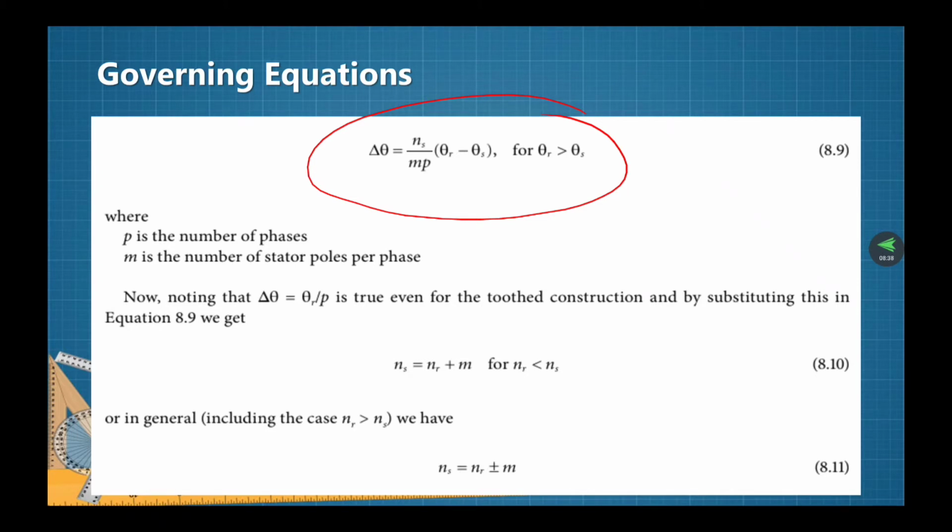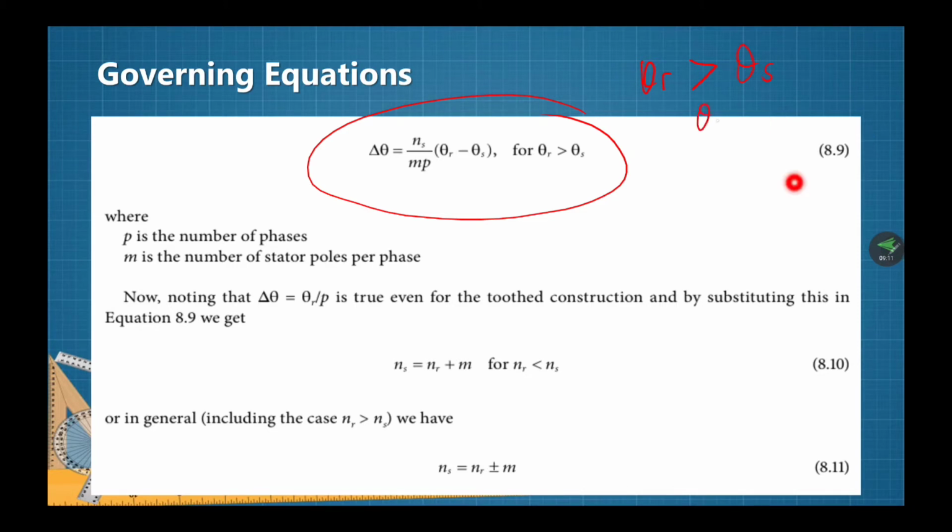Unlike that case, in the construction used in the present case, theta r is not equal to theta s. Hence, only one tooth in a stator pole can be completely aligned with a rotor tooth. Okay, we consider the case of theta r greater than theta s.